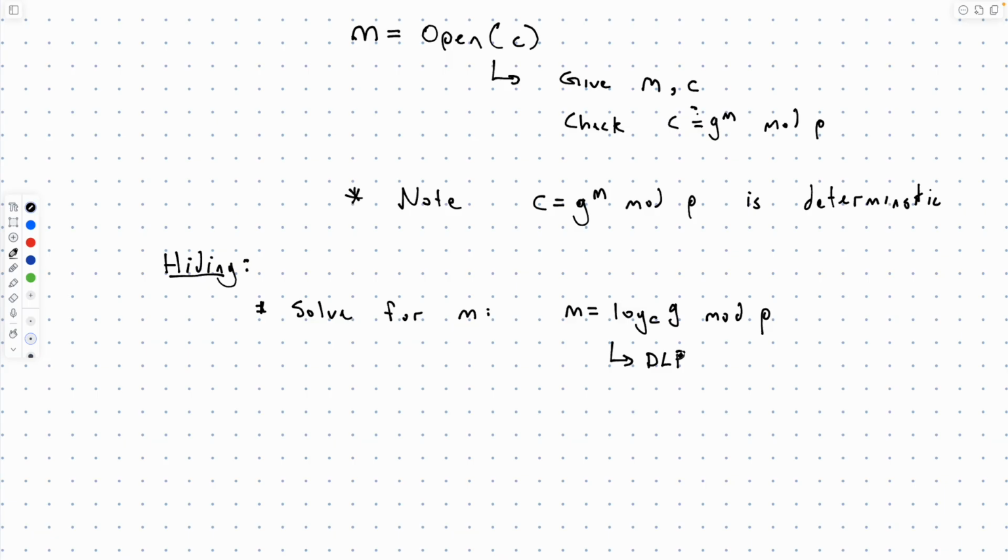The discrete log problem, DLP, is going to be infeasible. So breaking this commitment by directly solving for M is as hard as solving the discrete logarithm problem. It's exactly the same.